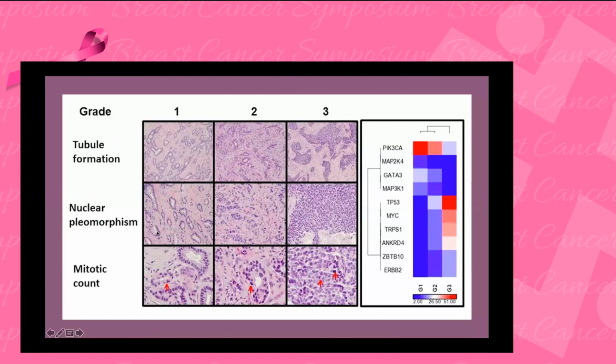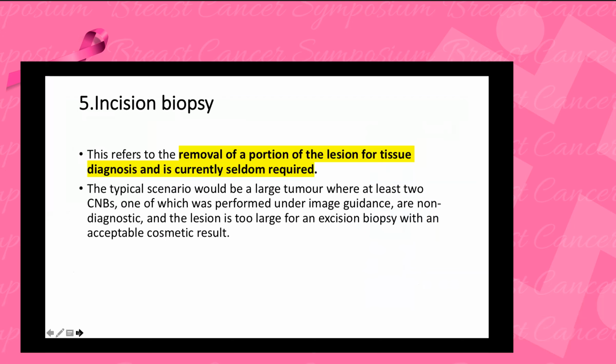So here on your far left, you would have a low-grade tumor that has more tubules. It's got less nuclear polymorphism and less mitotic count. And as you go to the right, you can see that you start to have solid tumor cells, which do not resemble breast tissue at all.